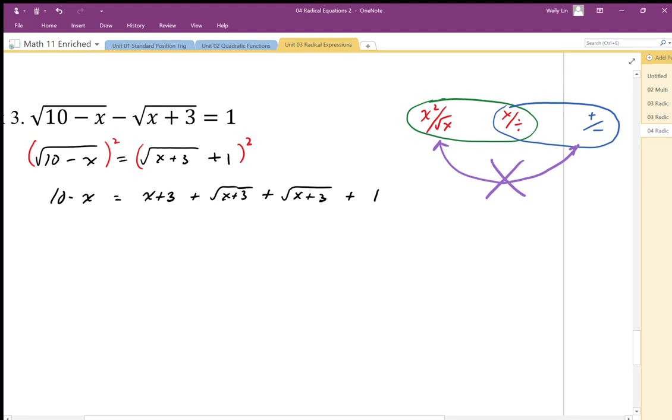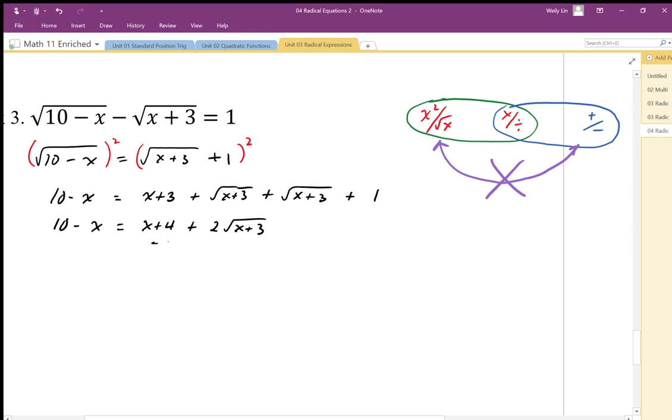So first of all, I'm just going to collect like terms here. I get x plus 4 plus 2 square root x plus 3. Then I'm going to isolate this square root. So I'm going to subtract x and 4 from both sides.